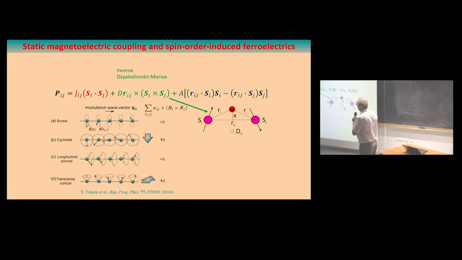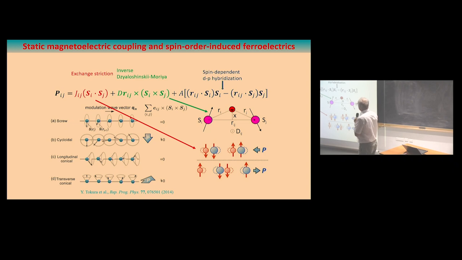So I mentioned the Dzyaloshinskii-Moriya interaction, which can induce polarization in cycloidal systems or transverse conical structures, exchange striction, and there is a third mechanism, spin-dependent hybridization of electrons.